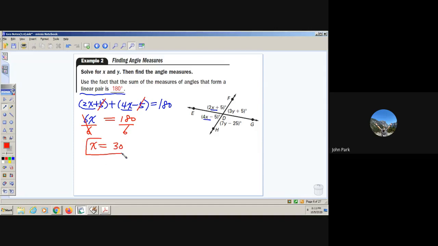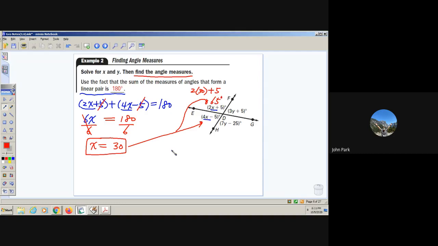So x equals 30, and we plug it in to find the angle measures just like we did before. Plug it into here, and into here. This is 2 times 30, which is 60, plus 5, so that's 65 degrees.